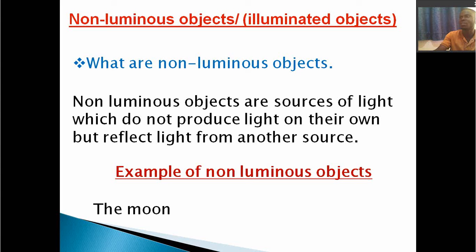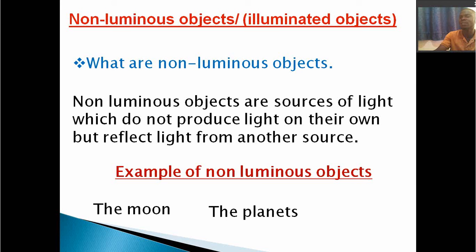It is a non-luminous object because it just reflects light from the sun. It does not have a direct source of light. It only gets its light from the sun. So it reflects light from the sun. That's why it is referred to as a non-luminous object.